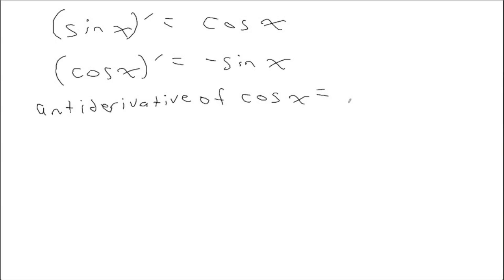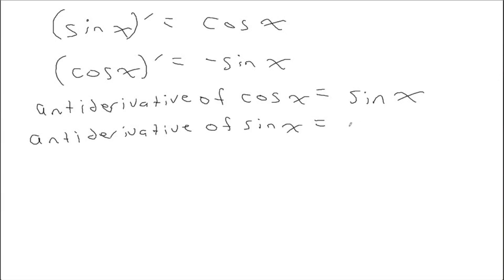Okay. So the antiderivative of cosine of x would be, so what gives us cosine of x? Sine of x. And what's this? Negative cosine of x.